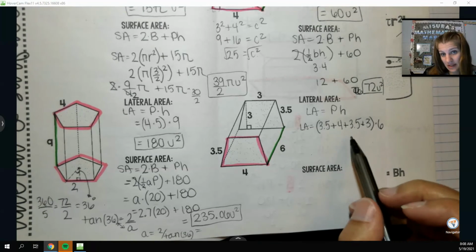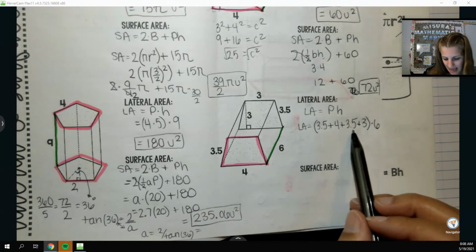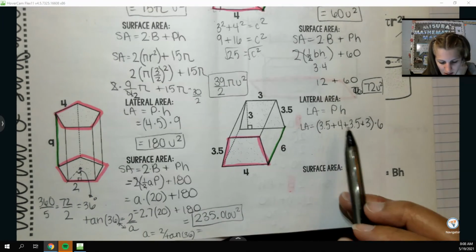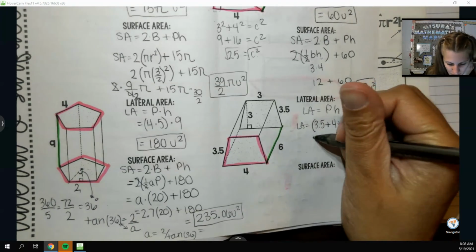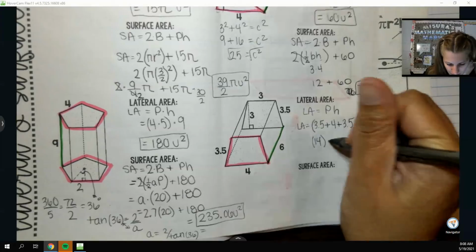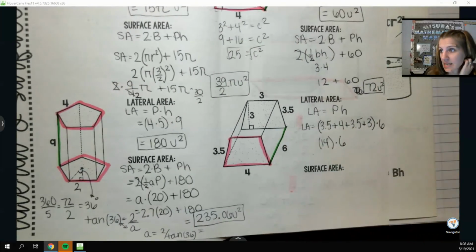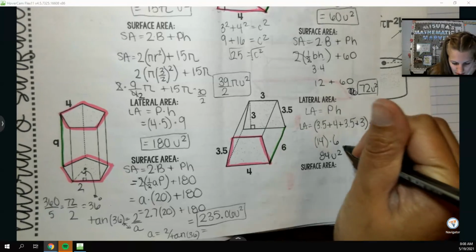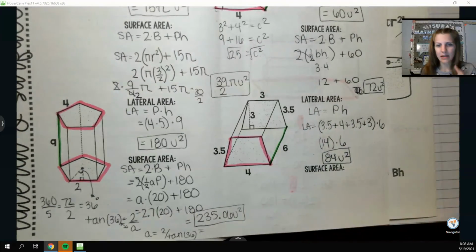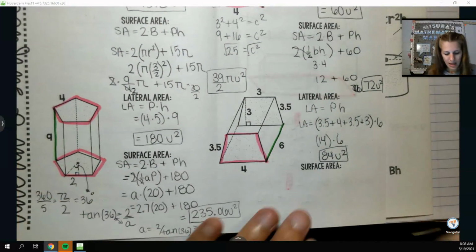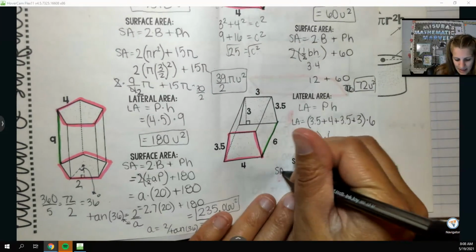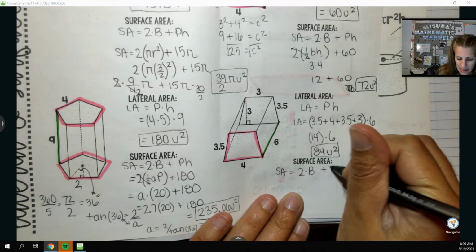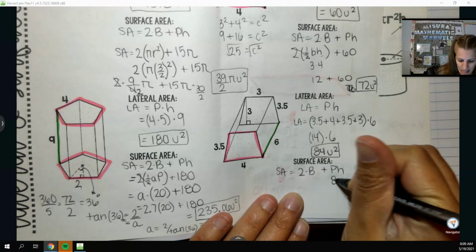Okay, so I do have to do what's in parentheses first, and I'm going to add up those decimals so that I no longer have them for 7, plus another 7, so 14, times 6 is going to be 84 units squared for our lateral area. And then when we're thinking about finding that surface area, we're going to do 2 times the area of the base plus the lateral area, which we just found was 84.